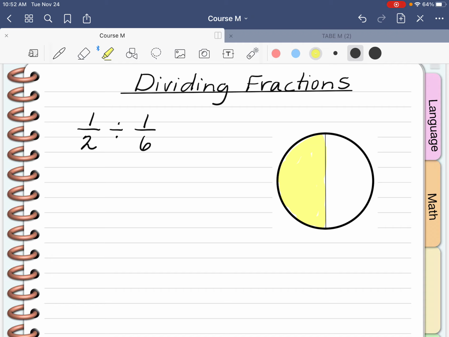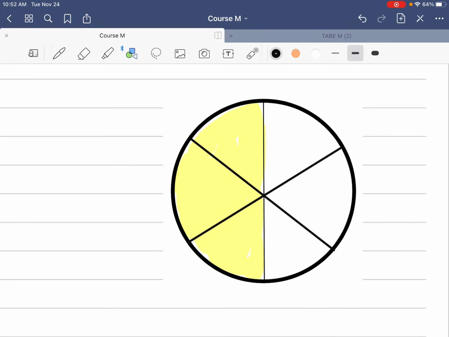Okay, the next thing I want you to do is with your pencil, first watch me do this, and then you can stop the video if you need to. We're going to cut this circle again and again. So divide your circle just like I have. We have cut that circle into 6 equal parts.